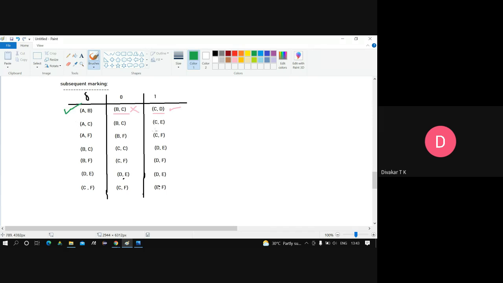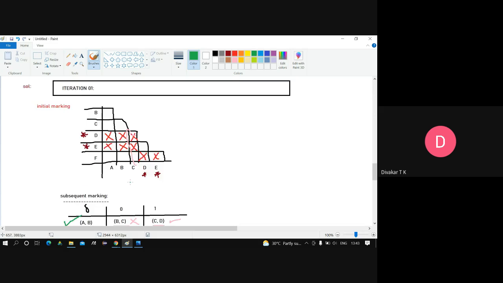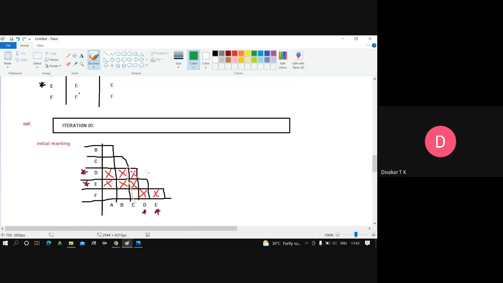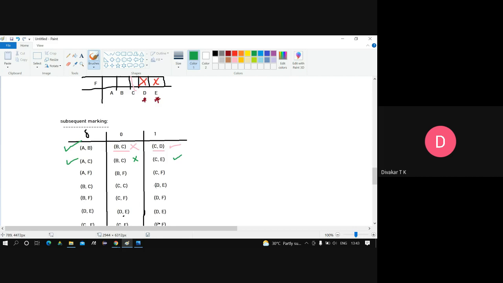That's very simple. Next to BC, common sense. Already it is not marked, meaning here we should not mark. CE, look, CE is marked. You have to mark it. AC will be marked. So BF, CF. BF is not marked, CF also not marked. This is also no marking, this is also no marking.